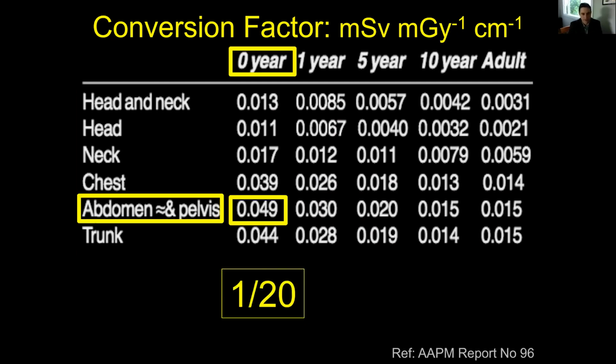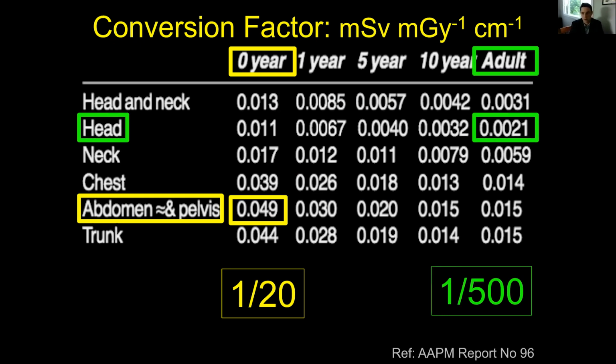You can see that the highest risk of cancer is in the youngest patient, an infant or 0 years old, and going to the abdomen and pelvis due to all the radiosensitive organs in there. Gonads, intestines, bones are all radiosensitive. So that is 1/20th of your DLP. That's going to be the highest conversion factor.